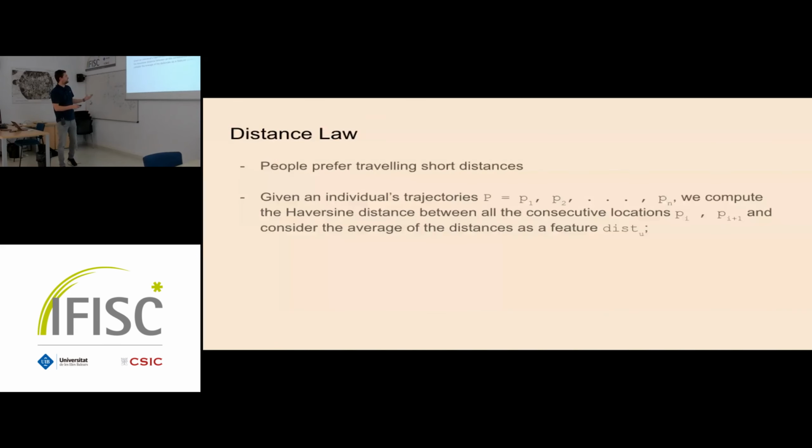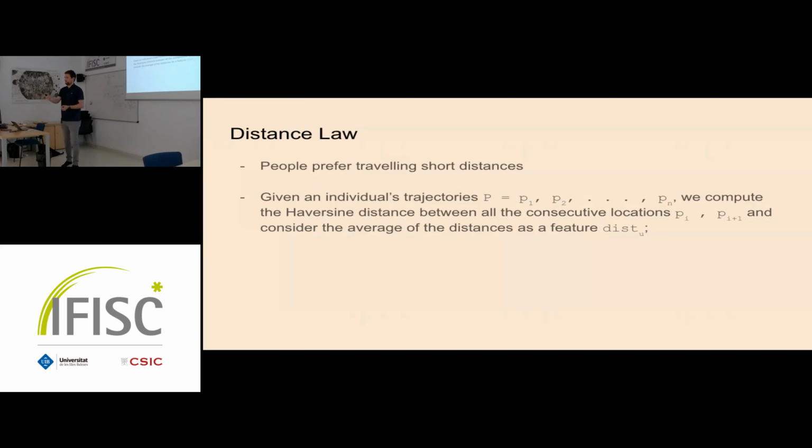We can, for example, put in it the distance law. Distance law is not the real name. The point is that we know that people usually travel short distances. And there is also a metric called radius of gyration that can be used to understand how much a person travels. So, if we take an individual trajectory, those are spatiotemporal points, so location IDs, and of course every location ID is also associated with a latitude and longitude.